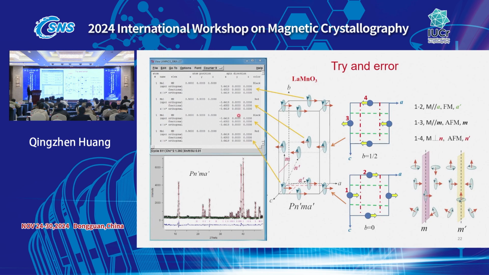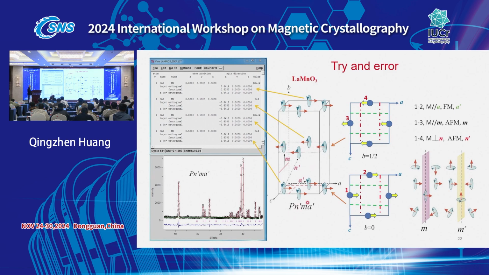Here I show you one of the results. The atom here is this one. The atom here is this one. From this setting you can see the resulting model of the antiferromagnet.